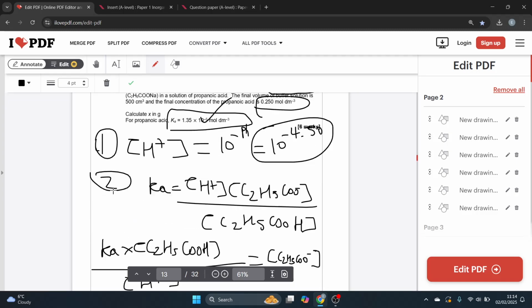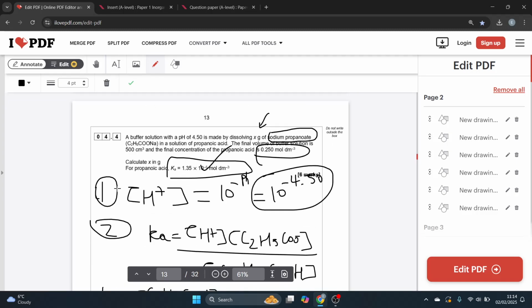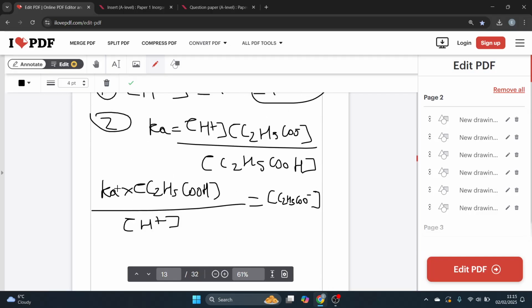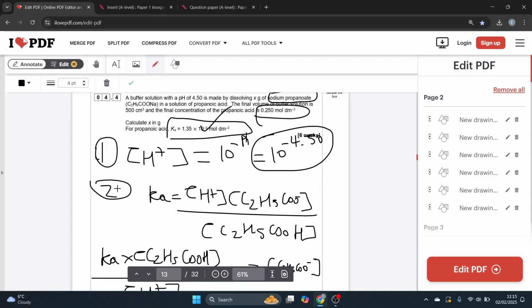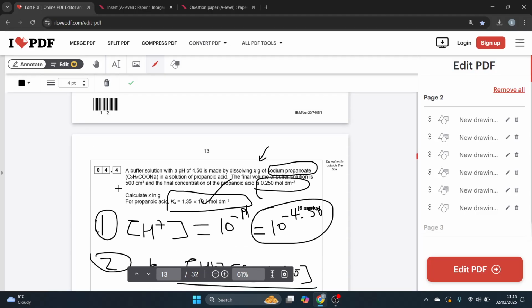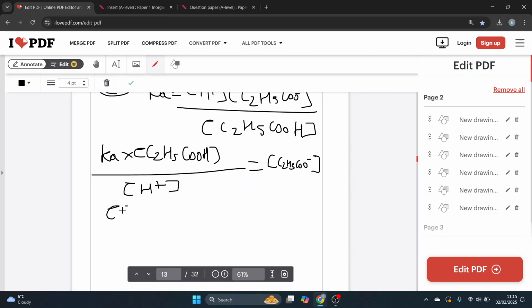Obviously, you should show it in the exam, but I'm just going to put it in the calculator. It'd be a waste of time, really, if I just drew it out. That times 0.250 divided by 10 to the power minus 4.50, the concentration of H plus ions. Now I get the concentration of C2H5COO minus, and that is equal to 0.106726871.